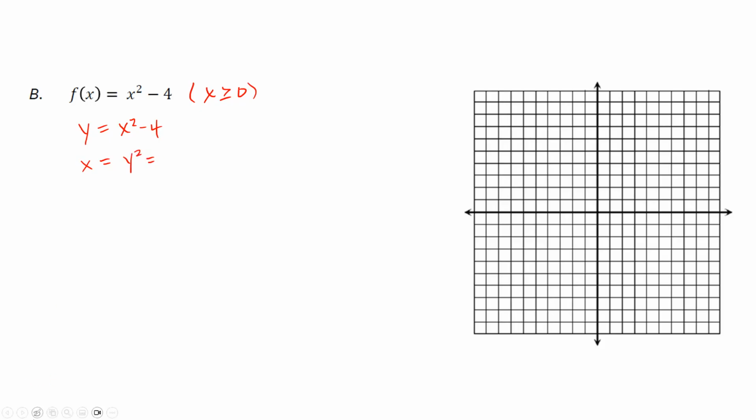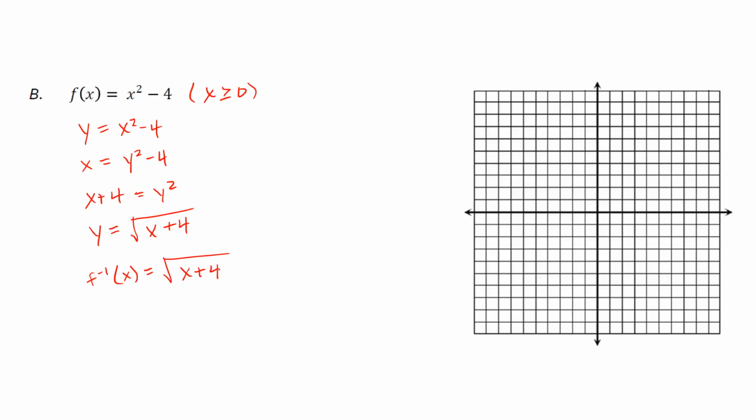And then solve for y. So x plus 4 equals y squared. So y equals the square root of x plus 4. So replace y with the inverse of f.